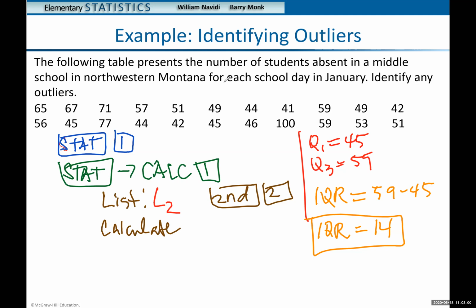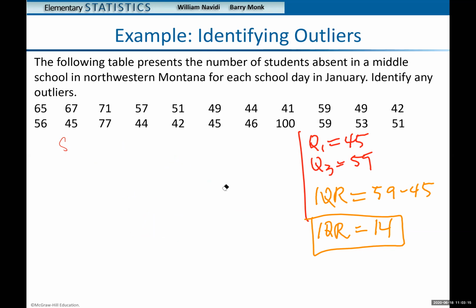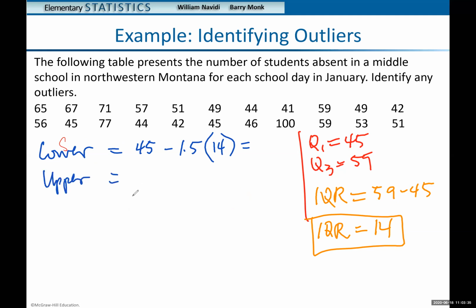Then to get the boundaries, the lower outlier boundary formula is Q1, which is 45, minus 1.5 times the IQR, 14. Upper is Q3, which is 59, plus 1.5 times 14.